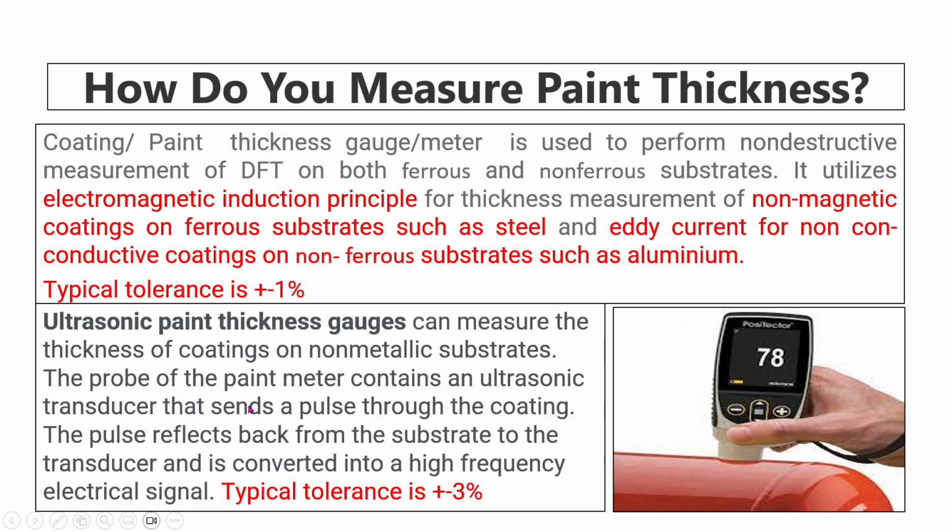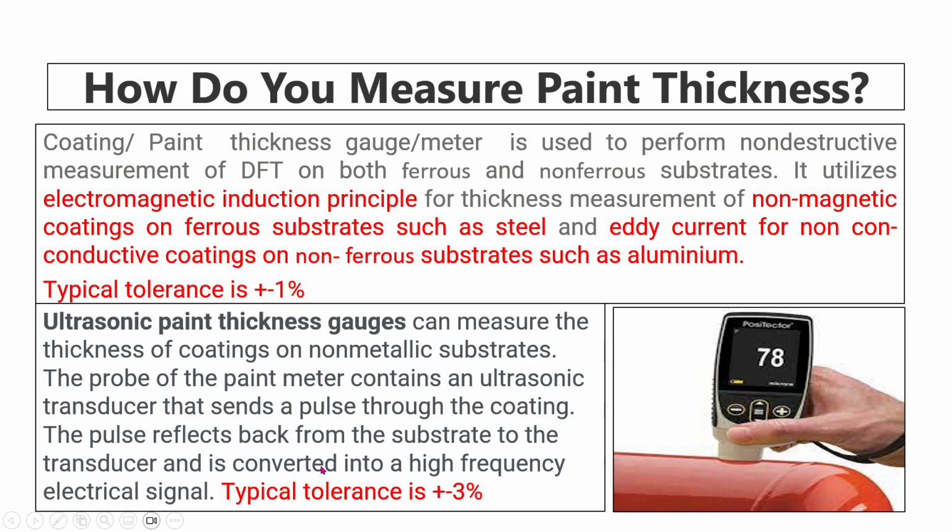Here what it will do: the probe of the paint meter contains an ultrasonic transducer that sends the pulse through the coating, paint. The pulse reflects back from the substrate, either non-ferrous or non-metallic, and the transducer converts it into a high frequency electric signal.